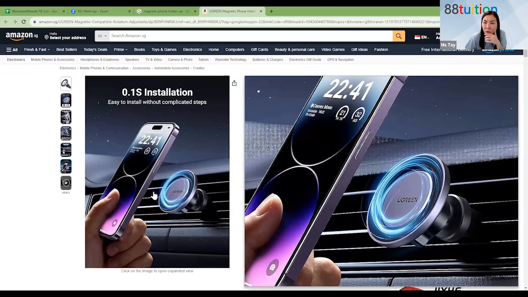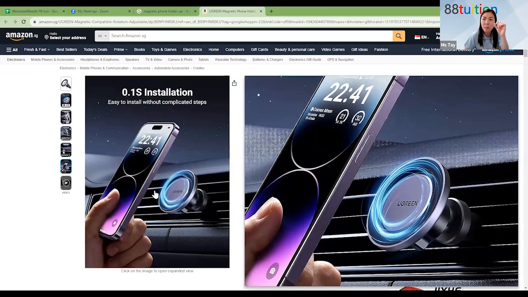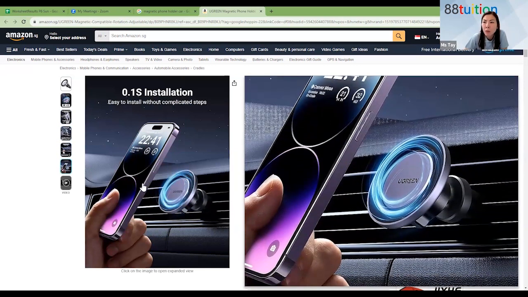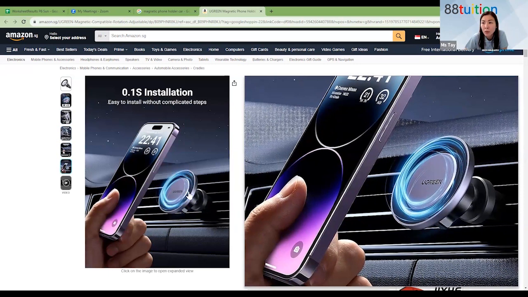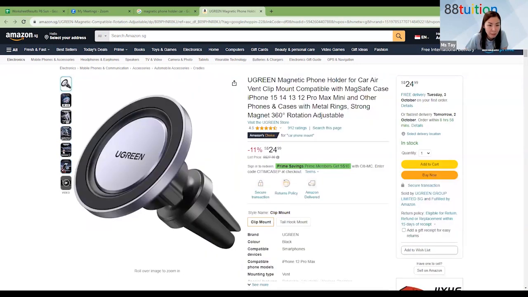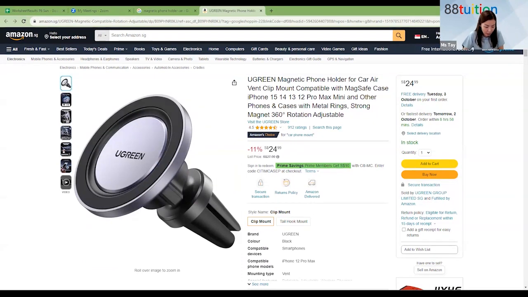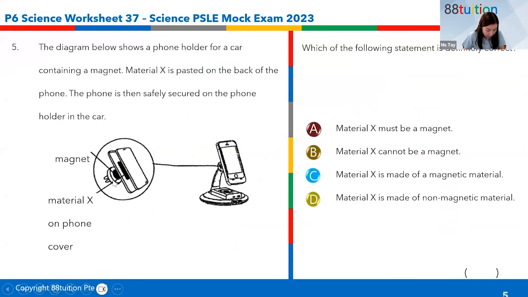At the back of your phone, you have a piece of metal, a magnetic material, which will cause your phone to be stuck to this, attracted to the magnet. So this is how it works. This is the magnetic holder. Then you put a piece of metal, material X, behind your phone.